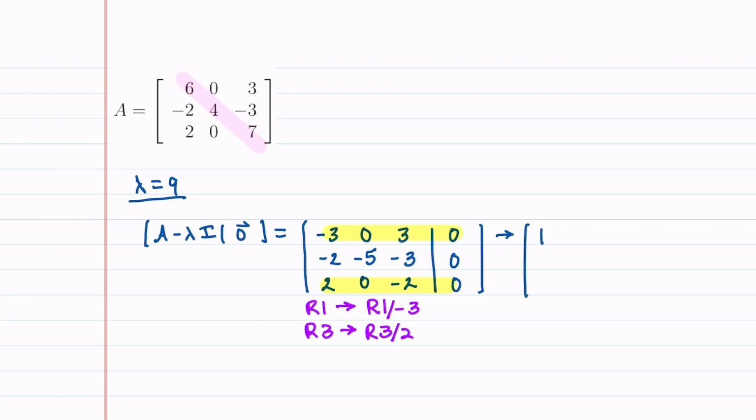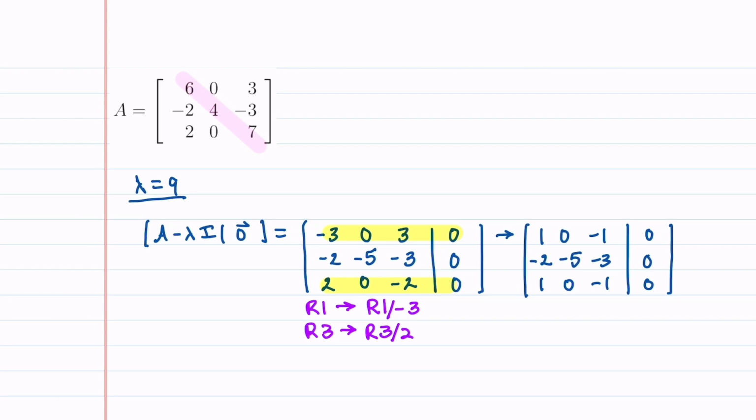And this is going to give us a 1, 0, minus 1 on our first row. Our second row is going to stay the same. And then our last row is going to be a 1, 0, minus 1. Let me change that 0. It looked like a 6. There we go.